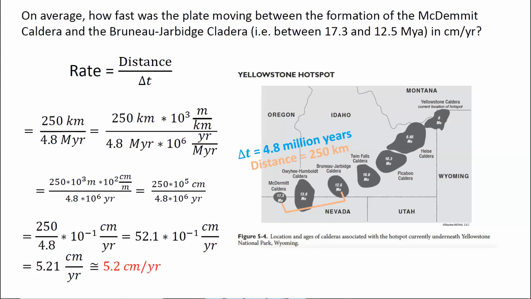Basically, you'll convert 250 kilometers into centimeters and the 4.8 million years into just years, and you get a rate of travel for this plate of 5.2 centimeters per year.